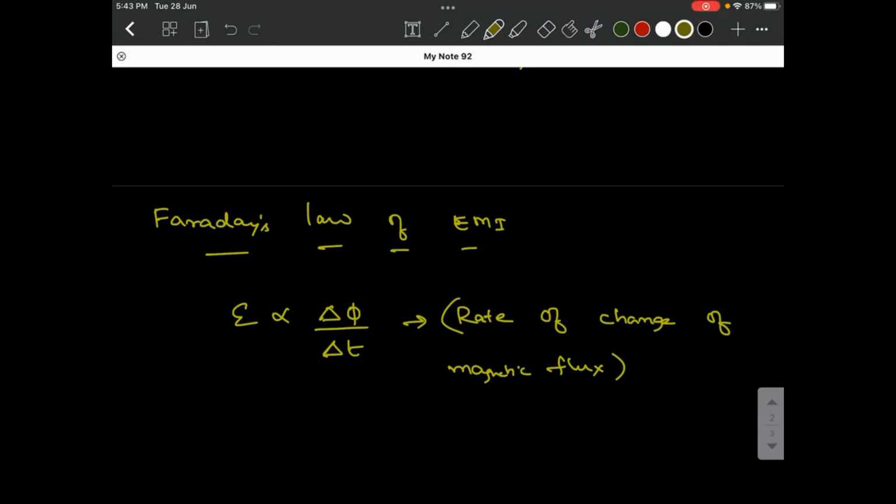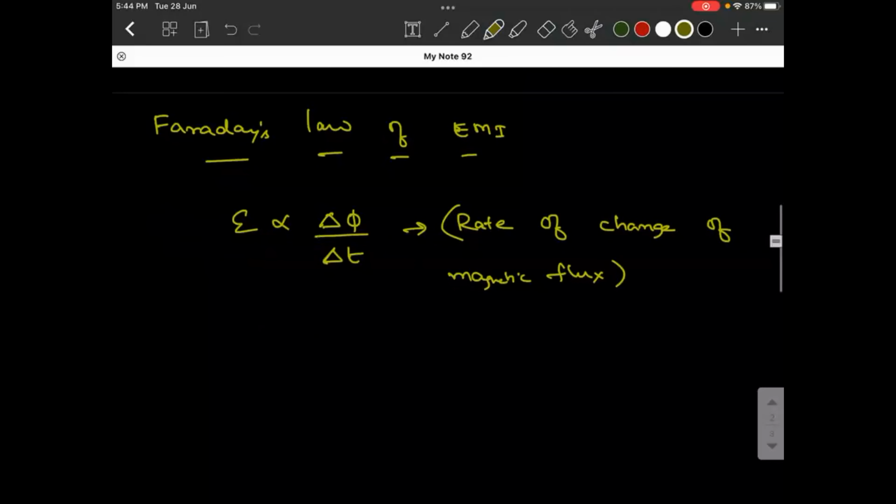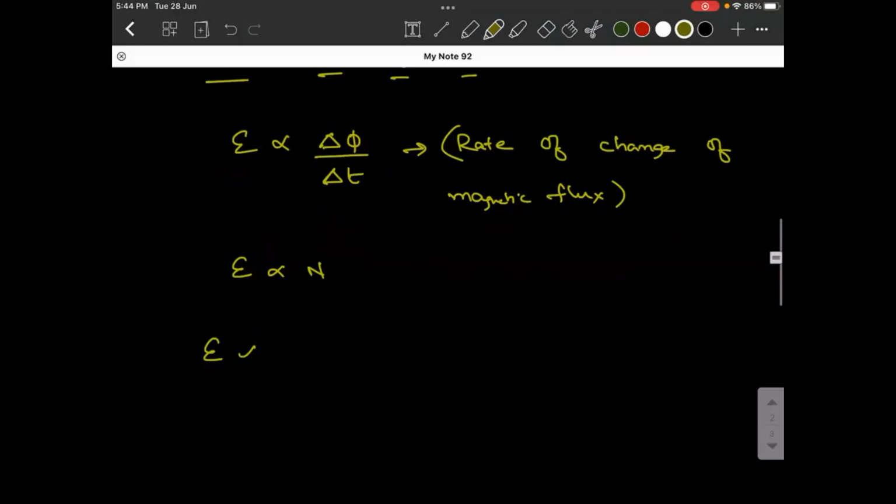Suppose the coil has n number of turns, then EMF is also directly proportional to n. When you combine these two, we can say EMF is directly proportional to n into delta phi divided by delta t. Yes, n is the number of turns in the coil.